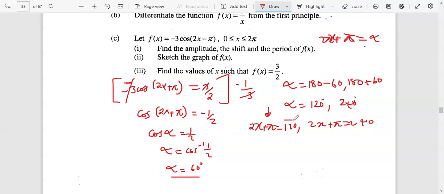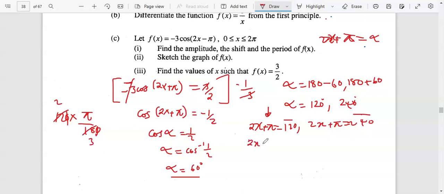So convert 120 to radians, convert also 240 to radians. How do you do that? Just multiply by pi over 180. So 0 goes with a 0, and then 6 into 12 is 2, 6 into 18 is 3. So that is 2 pi over 3.